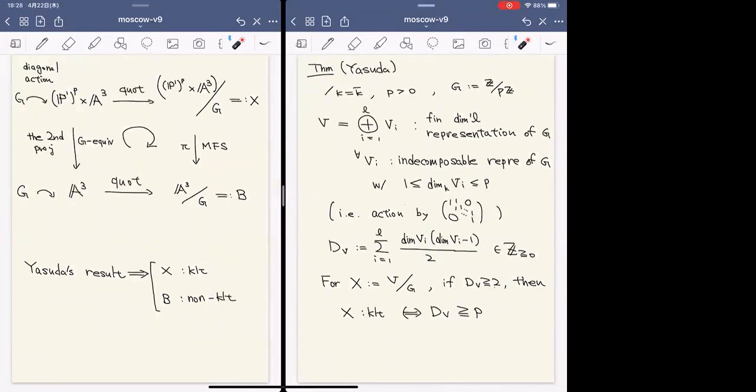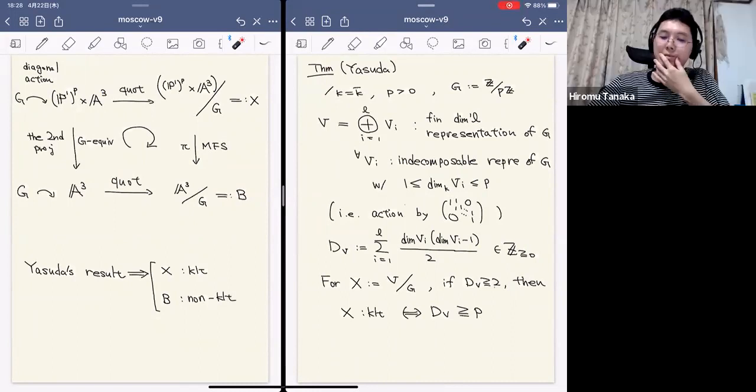I'm sorry, can you replace P1 to the power P by the P-dimensional projective space? To be honest, I'm not so familiar with this example, but I think so.